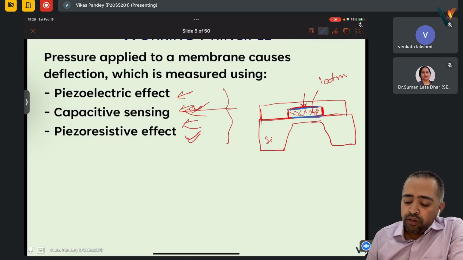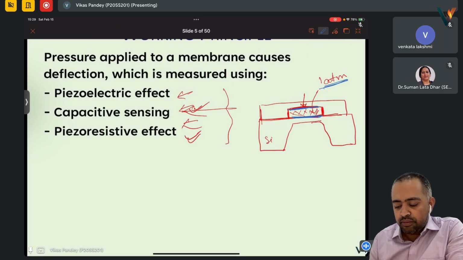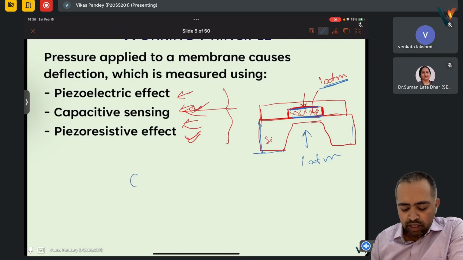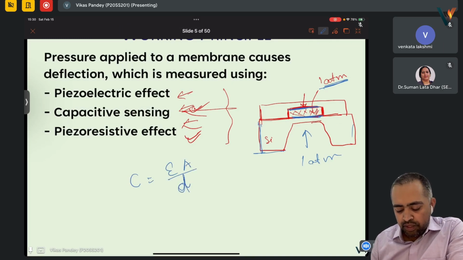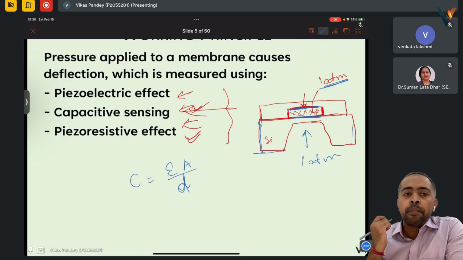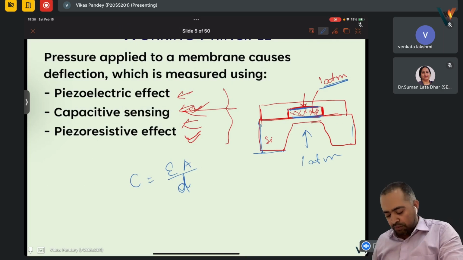Now, when we have the same pressure inside this cavity, as well as the pressure from the backside is 1 atmospheric pressure, there will be no change. The capacitance C, as we know, is equal to epsilon A upon D. Here, since we are considering 1 atmospheric pressure air.